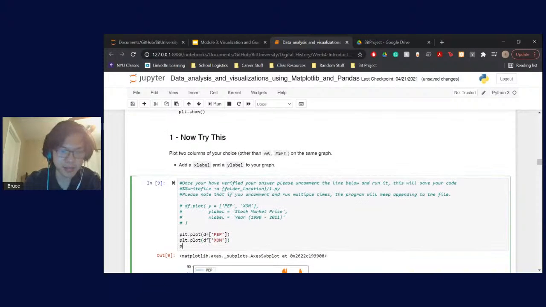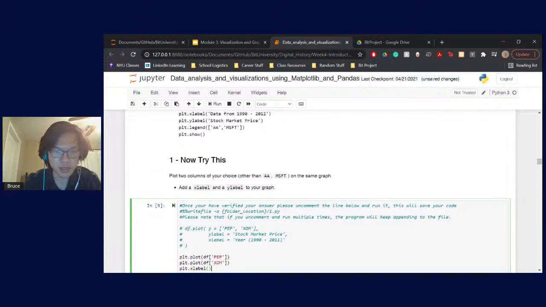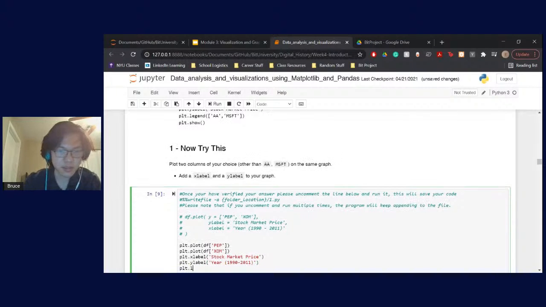And then we add some labels, plt.xlabel, stock market price, then plt.ylabel is year. And then legend, and then a list of the legend values. In fact, we'll even say that it's Pepsi and that it's Exxon Mobil.